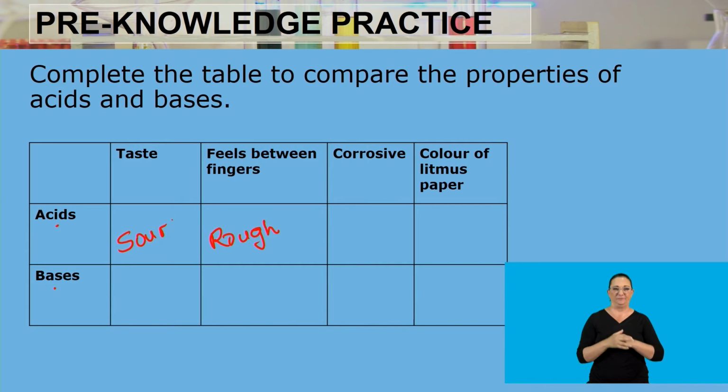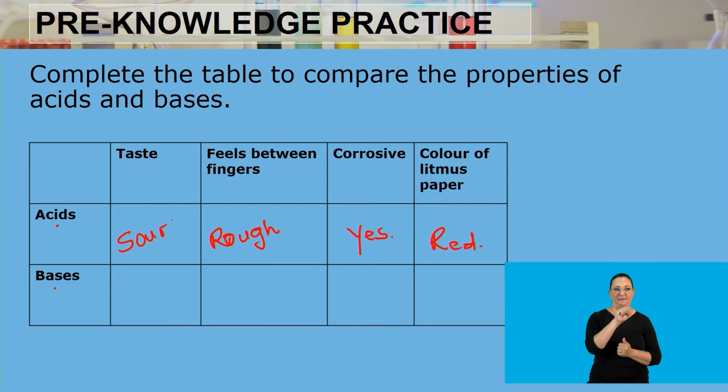Are they corrosive? Yes, we know that acids are very corrosive, especially the strong acids. And then the color of the litmus paper. If you were to dip a litmus paper into an acid, we know that acids turn litmus paper red. So this is going to turn red.